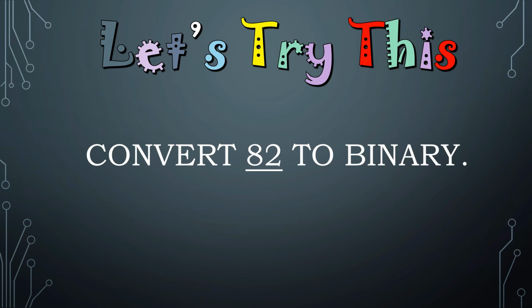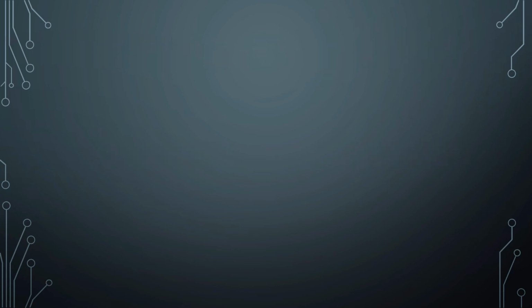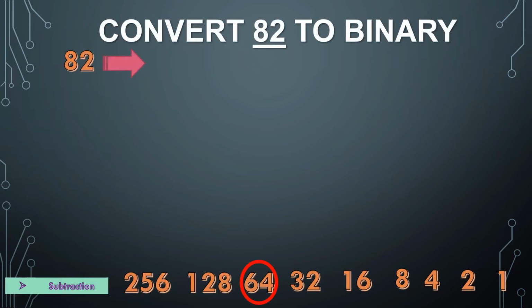Okay, time's up. If you are not yet done, you may pause this video and continue the computation. Now let's move on. We're going to look for the highest base number less than 82.